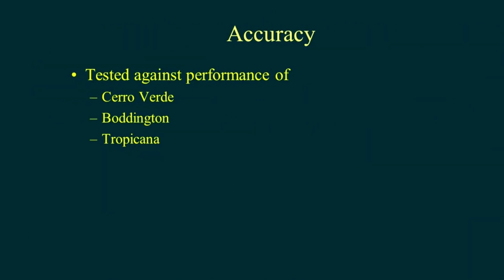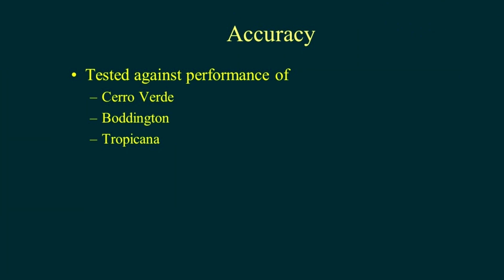So what about the accuracy of that HPGR model? Well, I've got a lot of pilot data, which nobody's interested in, pilot and lab data. Fortunately, these three operations have published over the years a lot of data, and I was able to use it to test that model out as if I didn't know anything about these. So I took their feed, hardness and so on, and simulated what their circuit should do.